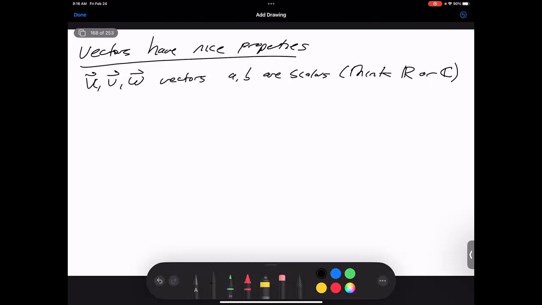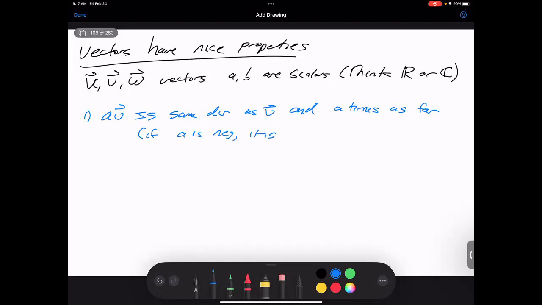Well, the first one is av is the same direction as v and a times as far. If a is negative, it is 180 degrees the other direction.